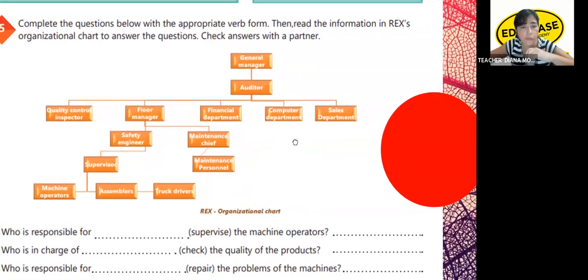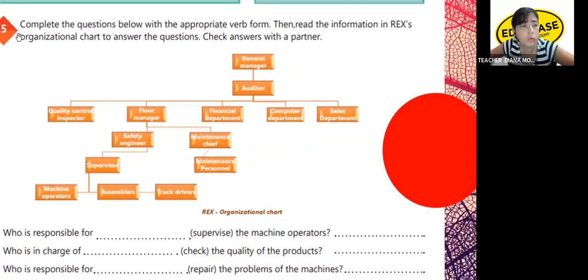I'm gonna share it with the group so you can solve it. Give me a second to share it.